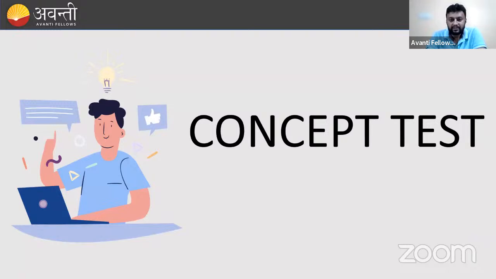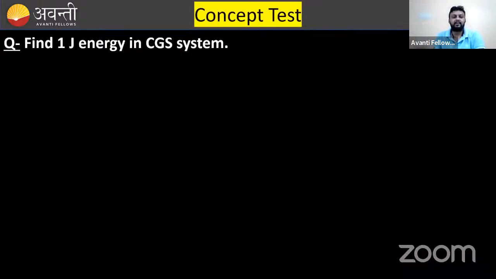So there is a concept test. It's your time to convert. I will give you one minute to convert, so just try to be quick and solve this. Find 1 joule of energy in the CGS system. Can you do this? Say yes or no, first of all.